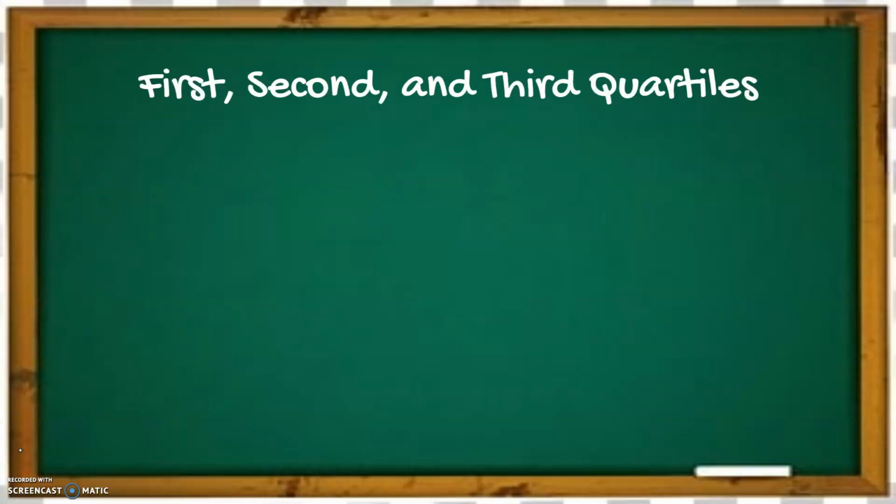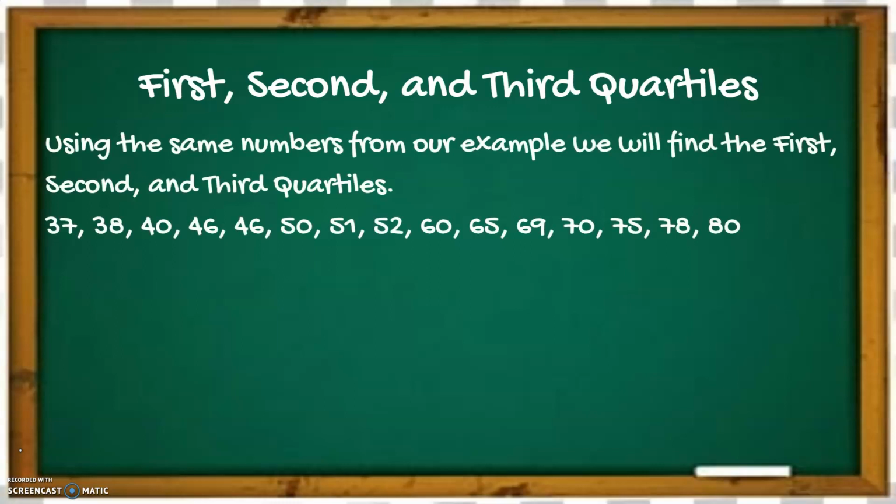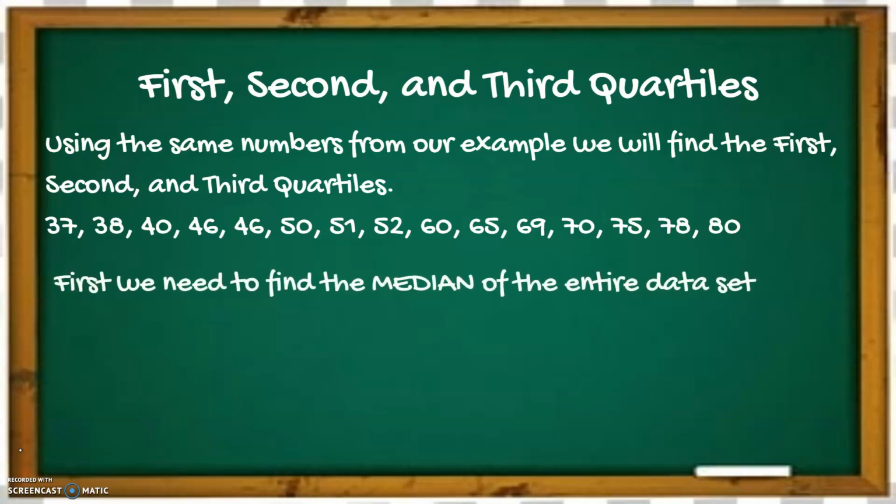First, second, and third quartiles are the other 3 numbers. So we're going to use the same numbers from the example that we used earlier to find those first, second, and third quartiles. So first, in order to do this, we need to find the median of the entire data set. Now, this is key to doing this before you try to find the first and third quartiles.